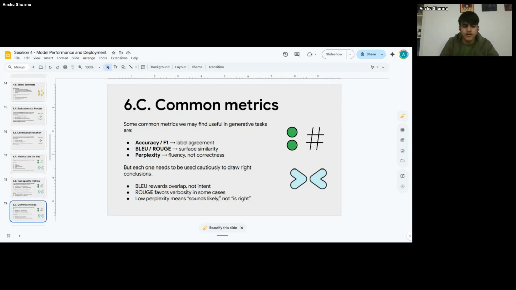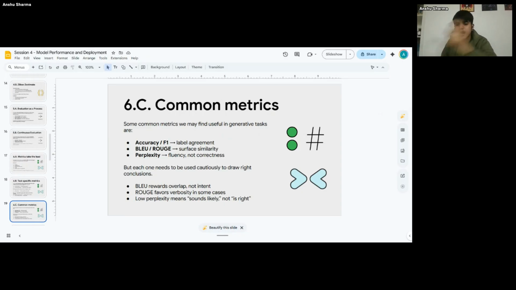What BLEU and ROUGE do is check the similarity of the words. Are all the words in the preferred output being used in the output generated by the model? For example, my preferred output might be something like an apple is a fruit that is red in color and spherical in shape, right?